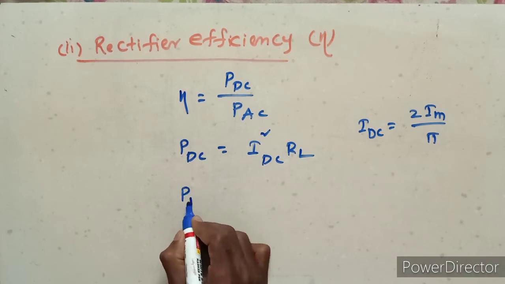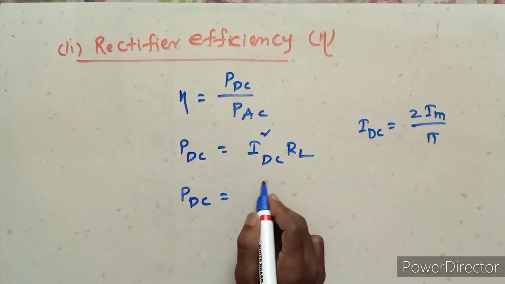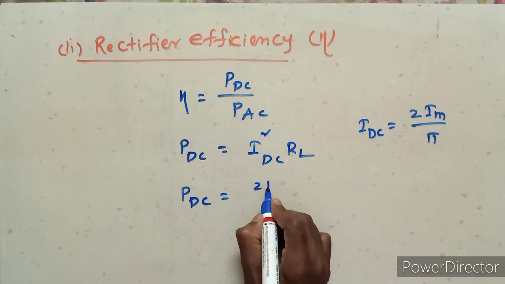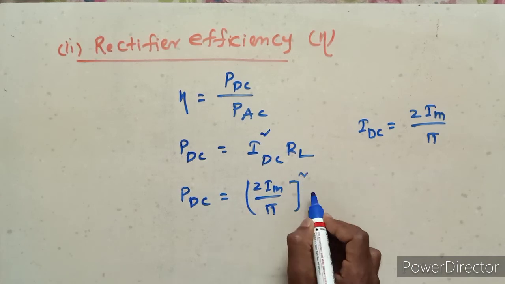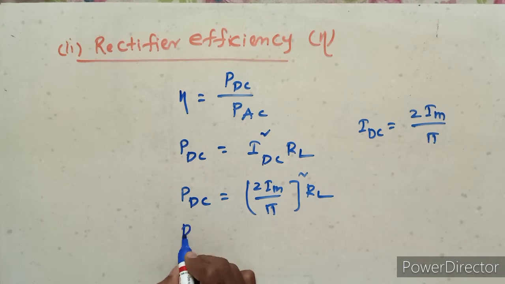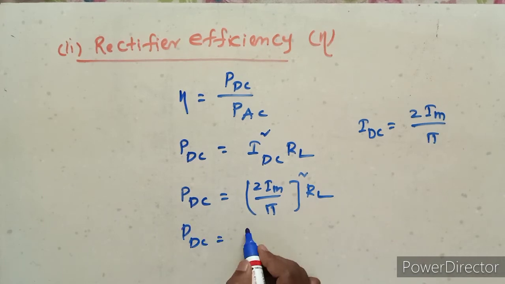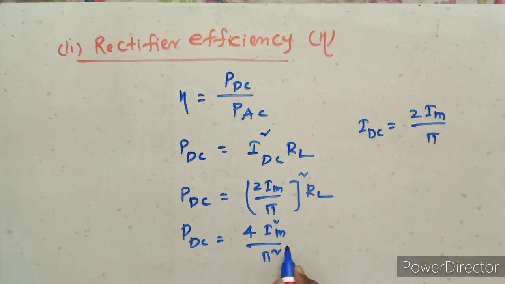So the DC output power equals 2 Im upon pi, whole square, RL. The DC output power equals 4 Im square upon pi square RL. This is the DC output power.